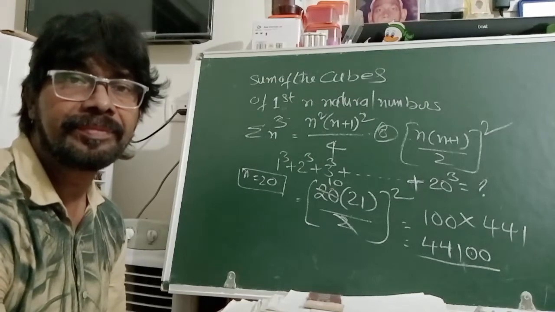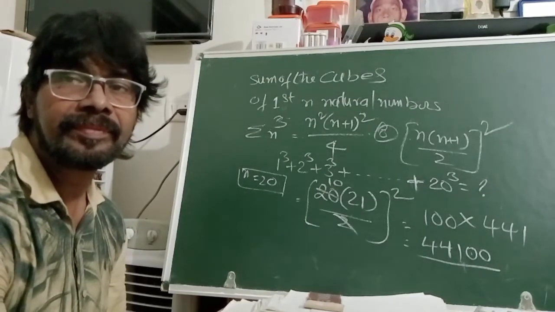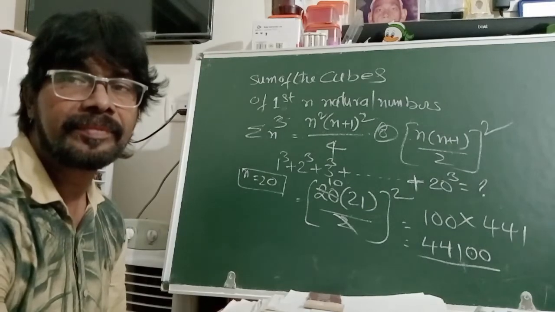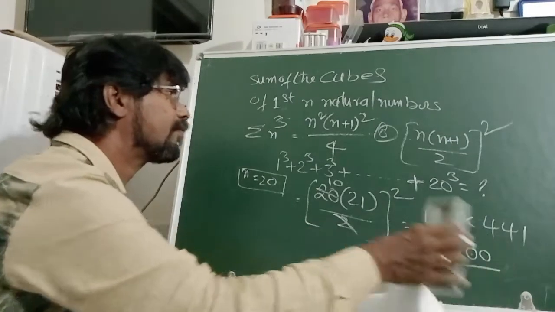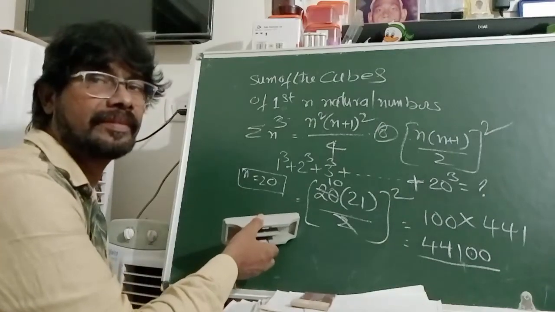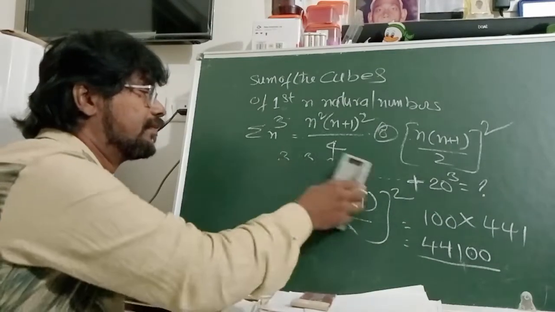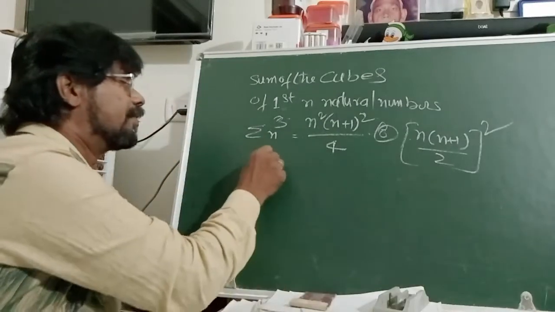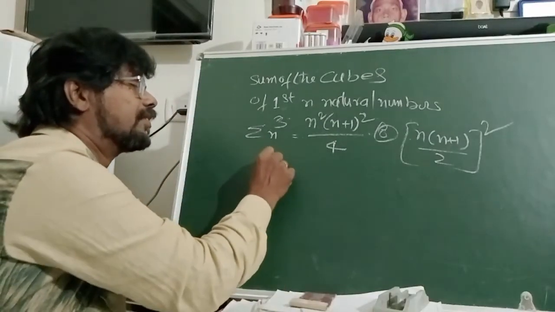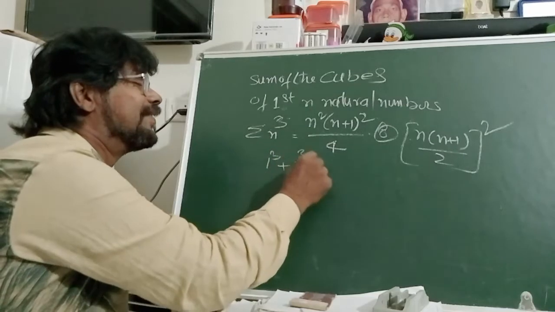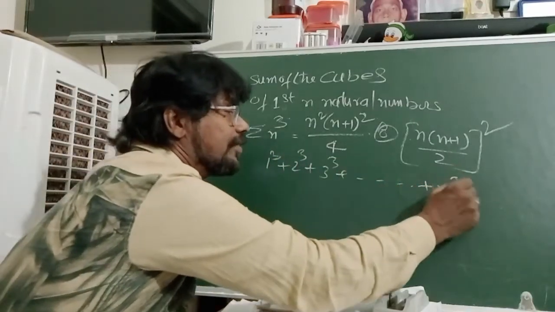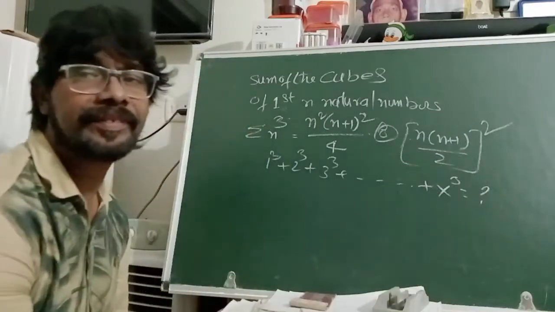Understand? Suppose 1 cube, 2 cube, 3 cube, up to x cube is equal to how much?